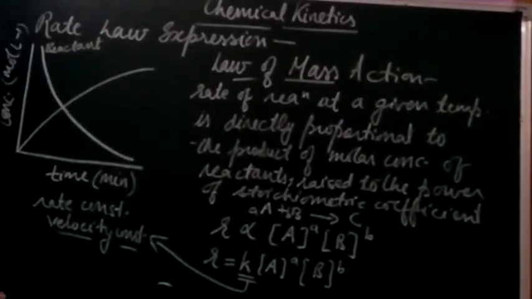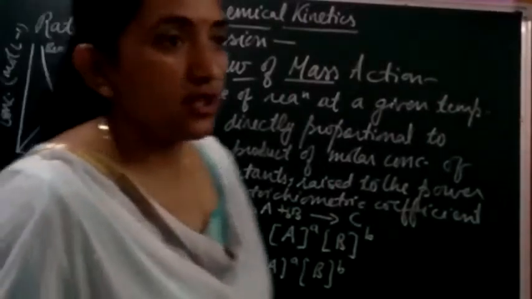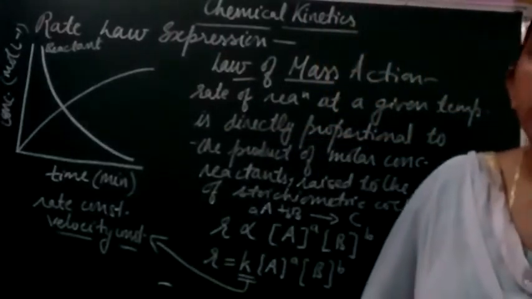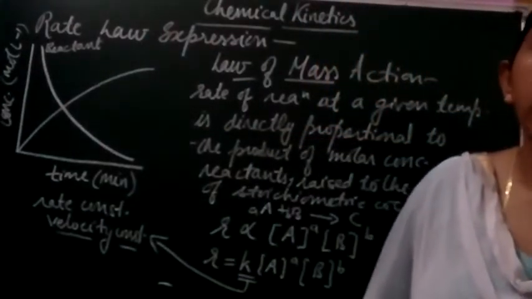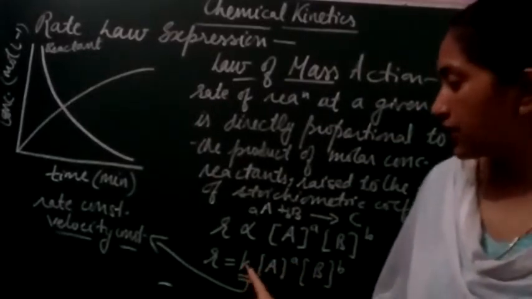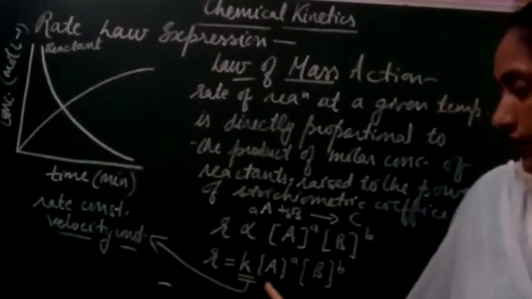So here the k specifies the rate constant. Now the rate constant plays a very important role to decide or to predict the rate of a chemical reaction. So here you can see that its relation is with the rate of the reaction.